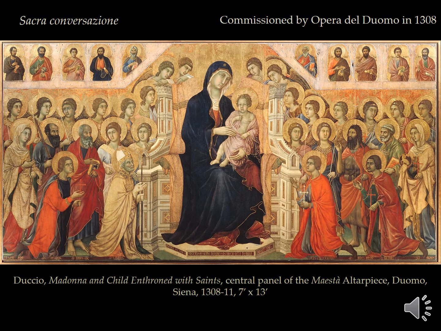But the Italians invent a new type of painting, which is known as a holy conversation, or a sacred conversation, whereby holy figures from different historical and chronological eras, because they all lived and died at different times, are miraculously brought together to converse, right, to talk amongst one another. Thus we can kneel and pray before them, and all of them can hear us simultaneously and can intercede on our behalf simultaneously. So it is a critical mass of holiness, if you will, that is able to help us, right, and by extension help the city.